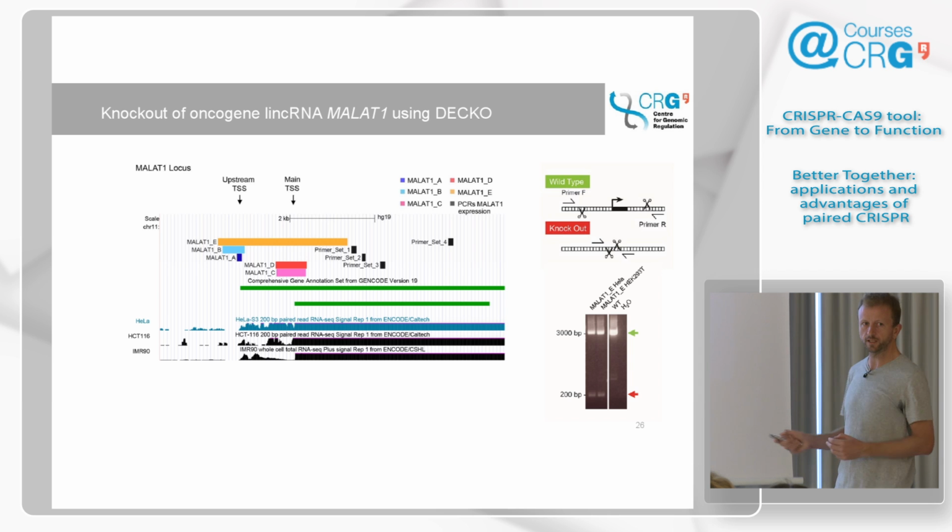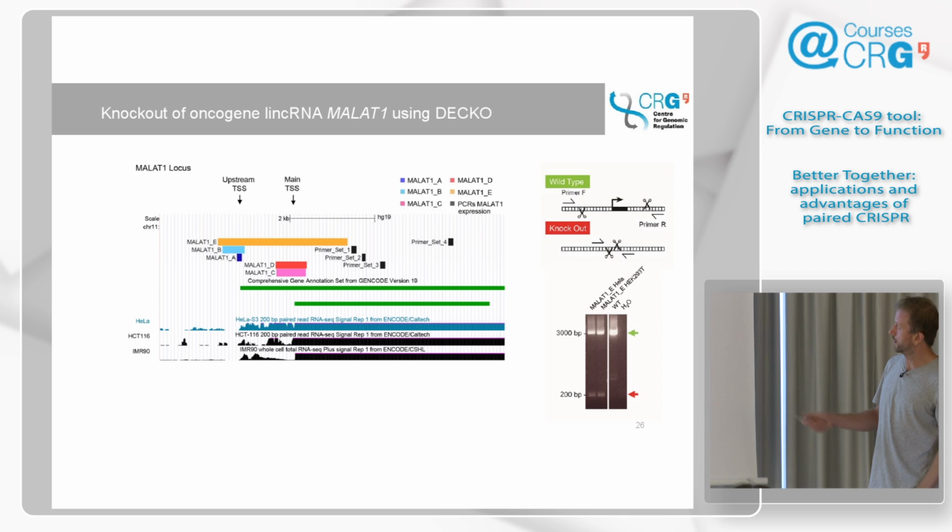What we did is design pairs of guide RNAs, marked by these colored bars, where the ends of the bars indicate the position of the guides. We tried knocking out this promoter, we tried this promoter, and this orange one covers both promoter elements.